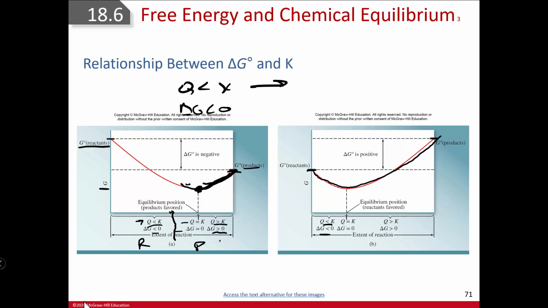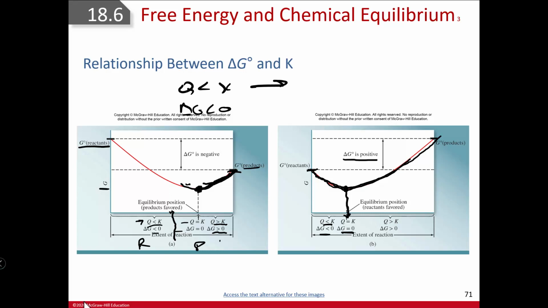The reaction does happen. But delta G is positive from the beginning to the end here. And so because it's positive, only this part is spontaneous, and then this long haul here is not. So the lowest point is here, where again Q is equal to K and delta G is equal to 0.